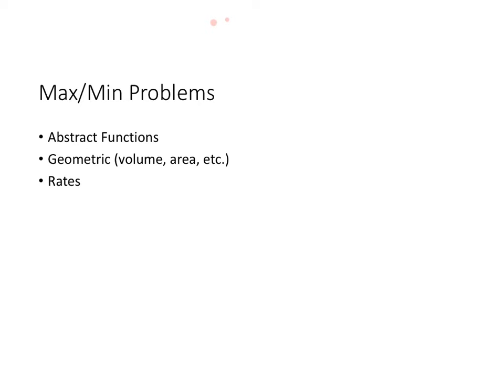So these are problems involving volume, area, things like that. Finding the maximum size for a box given a certain amount of material, or the maximum area or the minimum area, things like that. And then the third involve rates. So these are the three basic types of categories that these optimization problems fall into.